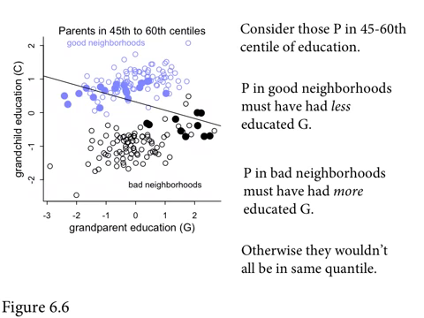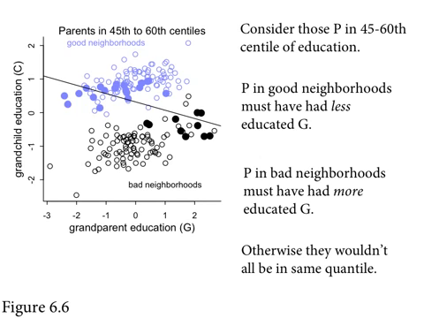So one way to think about this is what's happening when you stratify by parents. This is what the simulated data look like. On the left, I'm plotting grandparent education by the grandchild education. Bad neighborhoods are shown in black. Good neighborhoods are shown in blue. And then I filled in all the points where the parent, who's not on one of the axes, is in a particular stratum of education.